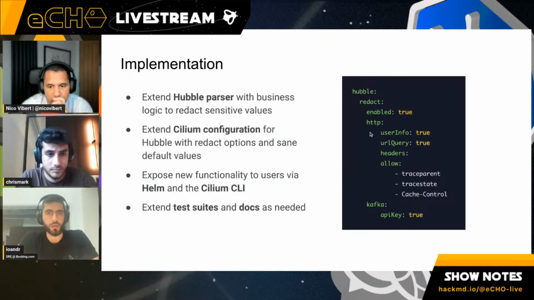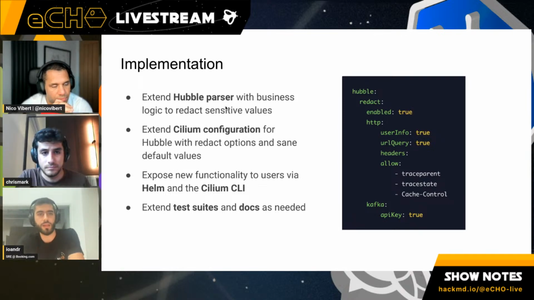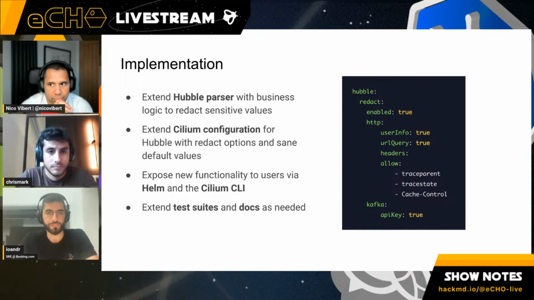And a quick note on the implementation side, we had to touch various areas of the stack. We mostly worked with the Hubble parser, which we extended and added business logic to, so that it can perform the actual hiding or reduction of sensitive values.